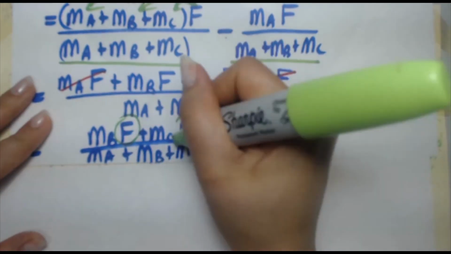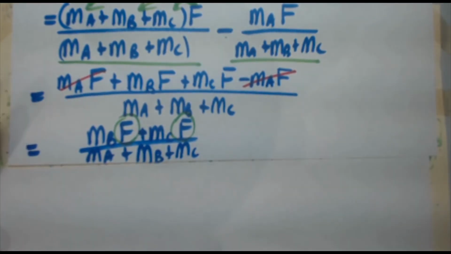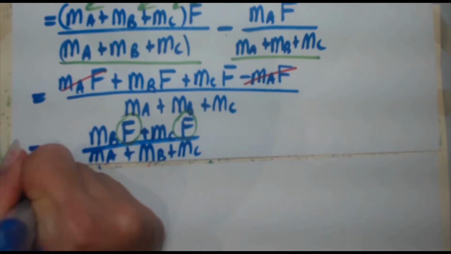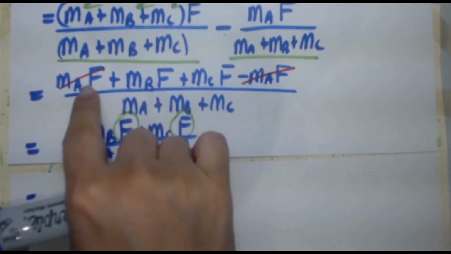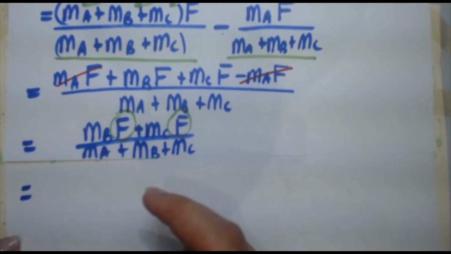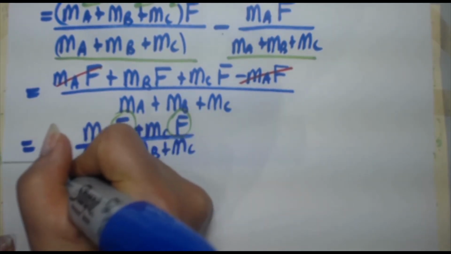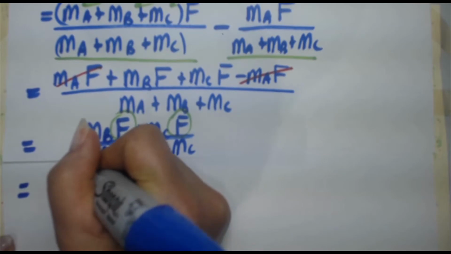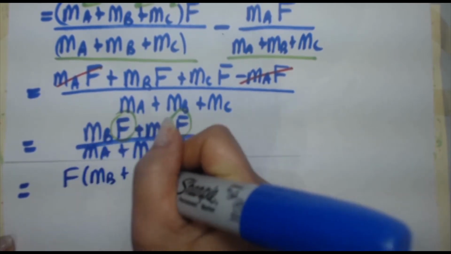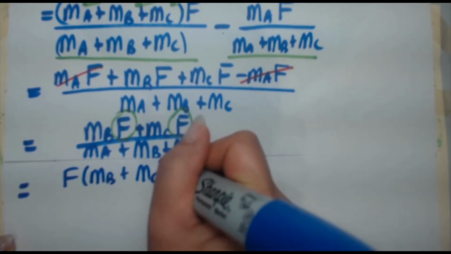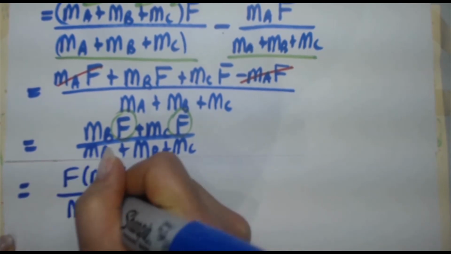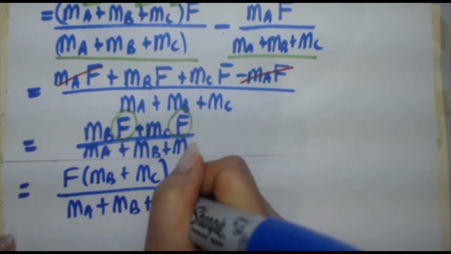We've got F in both terms, so we're going to factor that out, simplify it yet again. We had to expand this in the first place so we could cancel out the m_A Fs, but now that we've canceled those out, we have a simpler expression. You can take the F out. So now this is equal to F times m_B plus m_C all over m_A plus m_B plus m_C.